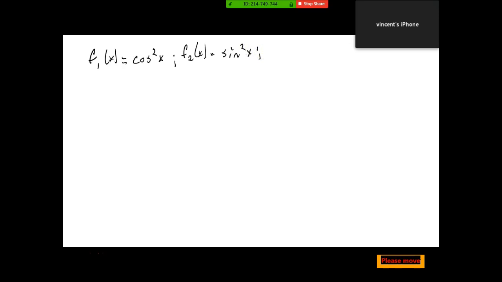Here's the third one, f3 of x is secant squared x. Okay, and here's the fourth thing, f4 of x is tangent squared x.